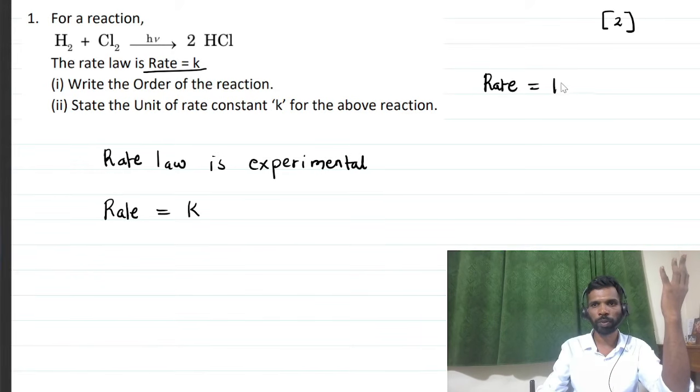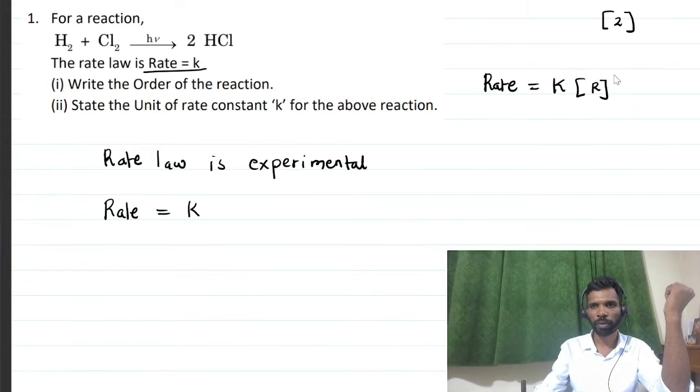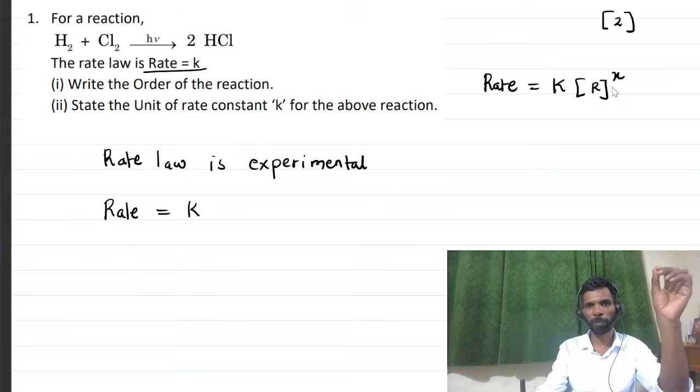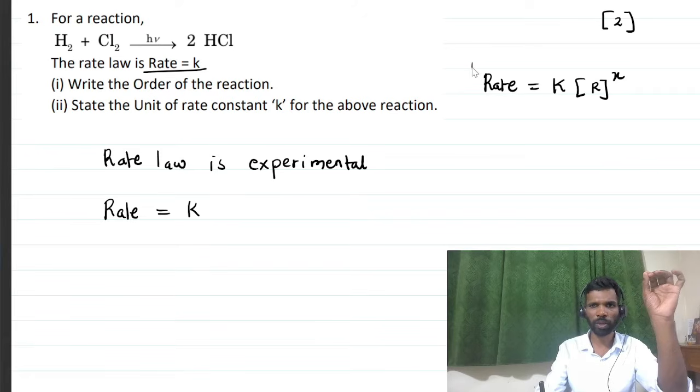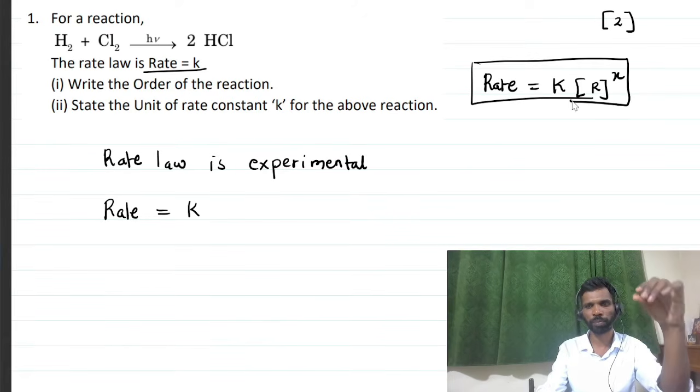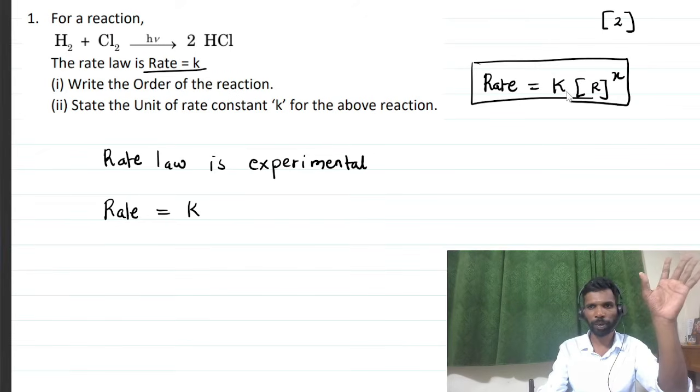Rate is equal to K, concentration of the reactant raised to some power, not always the stoichiometric coefficient, which is called the order of the reaction. This is what the rate law is. Again, this is experimental.